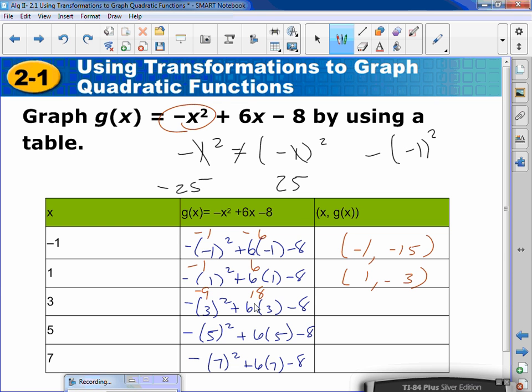Negative 9 and 18 is 9. 9 minus 8 is 1. 5 squared is 25, so you make it negative 25. 6 times 5 is 30. Negative 25 and 30 is 5. 5 minus 8 is negative 3.